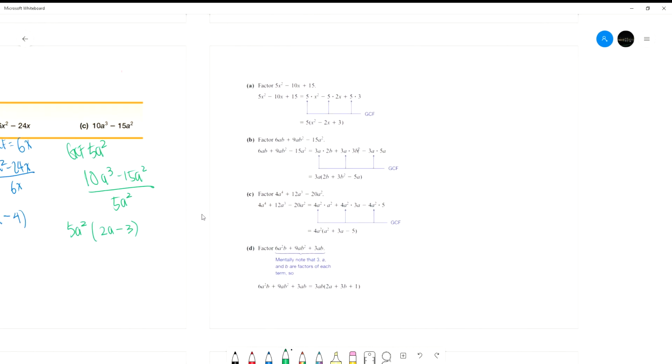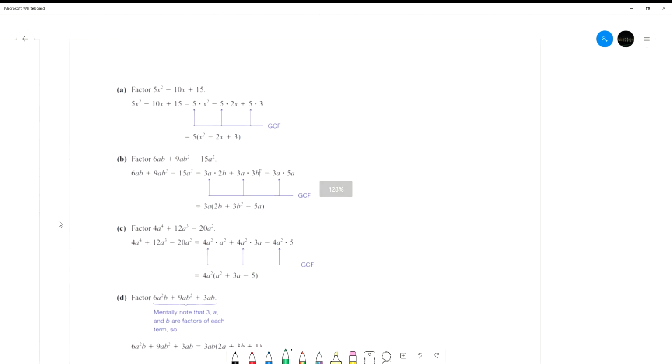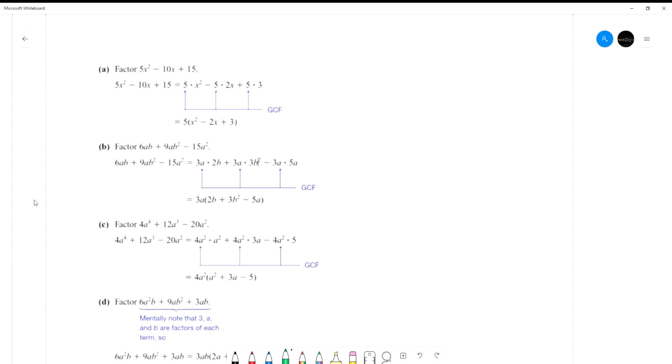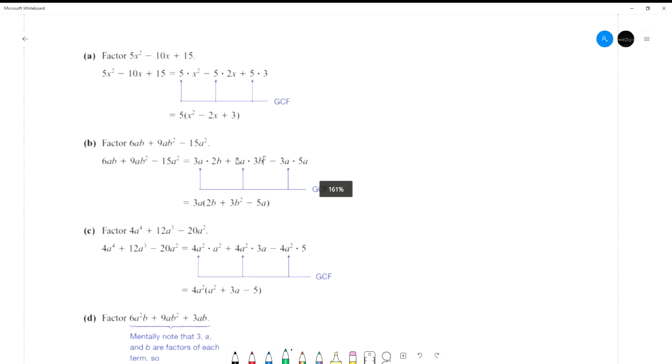All right, then let's take a look at these next few. I'll zoom in. Hopefully you can see better on the phone. Okay, let's see here. We have factor. This time we have 3 terms, so we have to find the GCF of all 3.